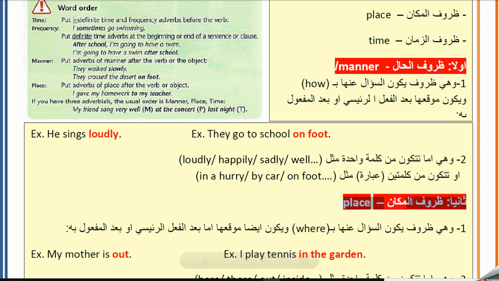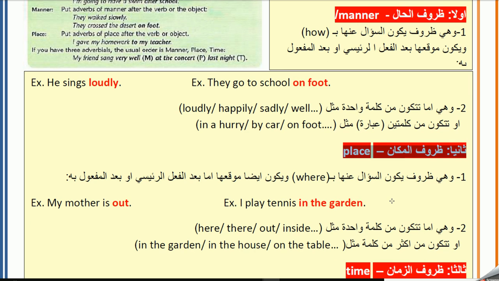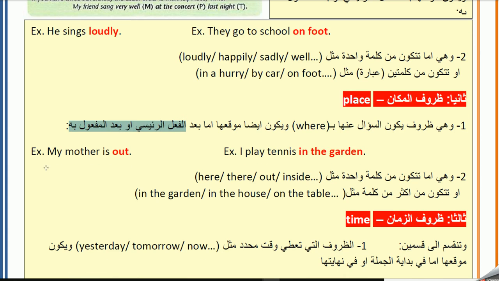Second, adverb of place. Adverbs of place are usually asked for by where. The place of adverbs of place comes after the main verb and object. For example, my mother is out.